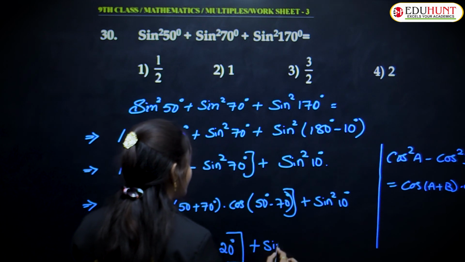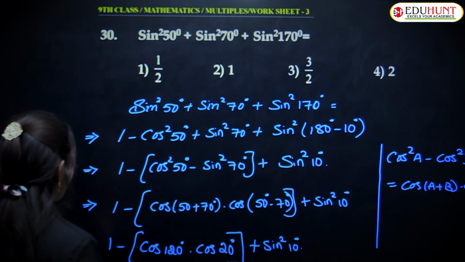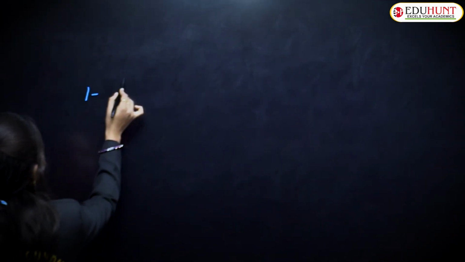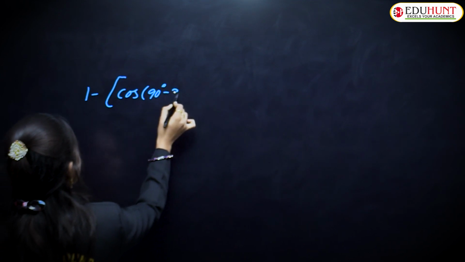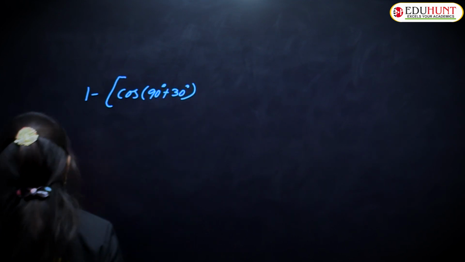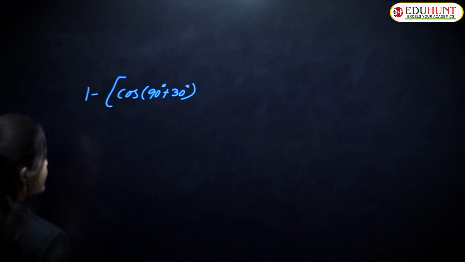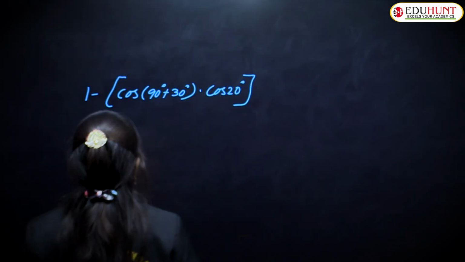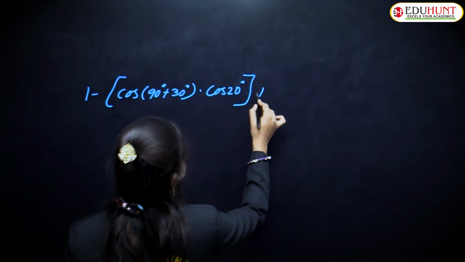Plus sine square 10 degrees. So from this, 1 minus cos 120, we can write this as 90 degrees plus 30 degrees. Okay, 90 plus 30 into cos 20 degrees, plus sine square 10 degrees.